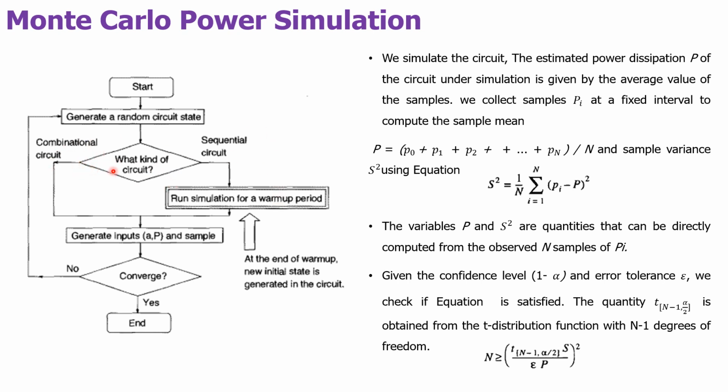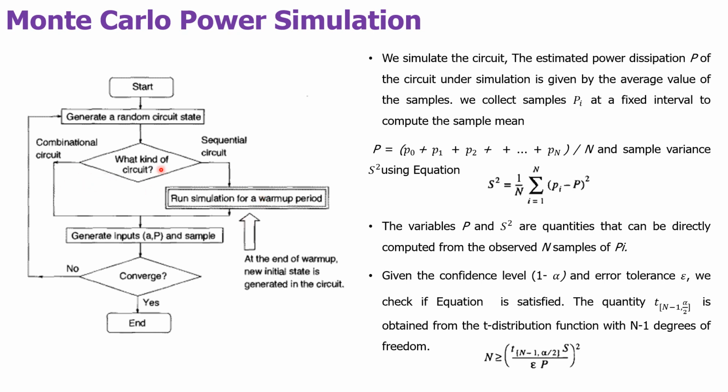For a sequential circuit, we have a present state. Based on the present state, with the input, the next state will change. So for that, a warm-up period is needed for the sequential circuit; run simulation for a warm-up period.